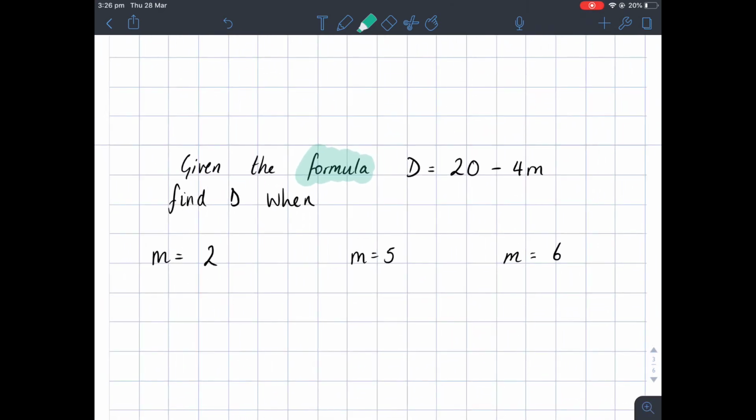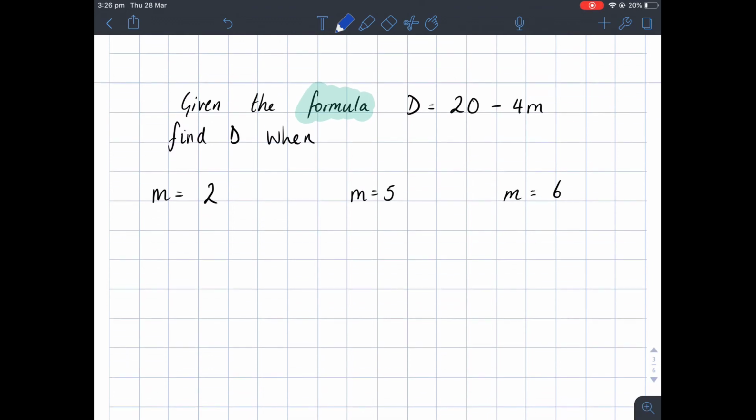So if our formula is d equals 20 minus 4m, then 4m means 4 times 2, so 20 minus 4 times 2, which is 8, 20 minus 8 is 12.